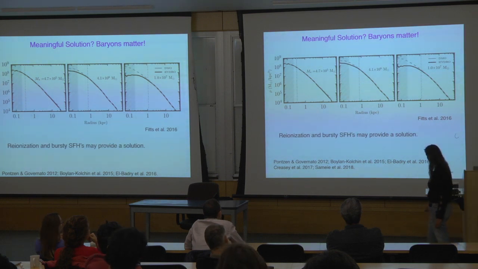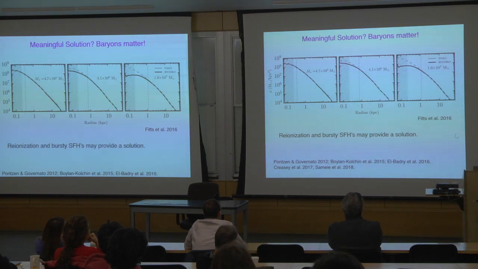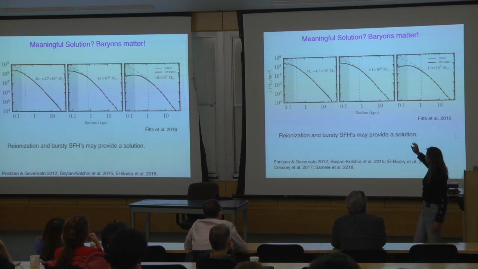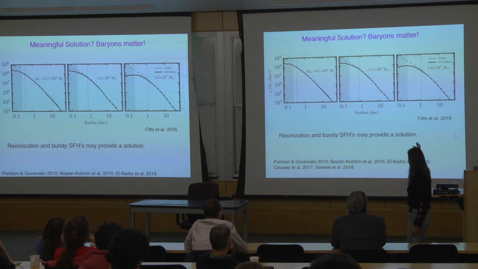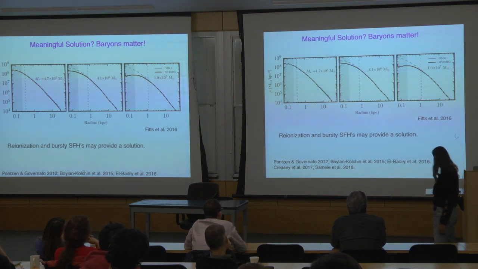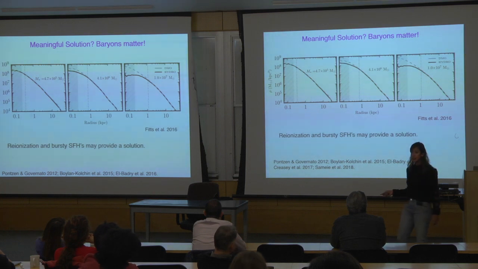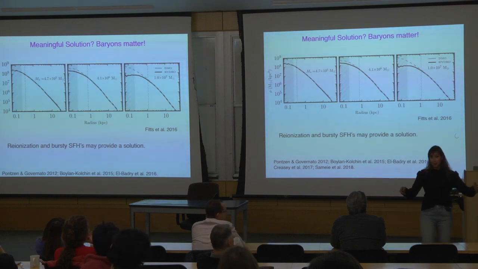Okay, and this is a plot that I've taken from Alex Fitz's work that came out, I think, in 2017, which has gone into looking in quite detail into a dark matter-only simulation and one in which you add baryons, or a hydrodynamic simulation. And this is 3 different galaxies that sit in the same dark matter halo.